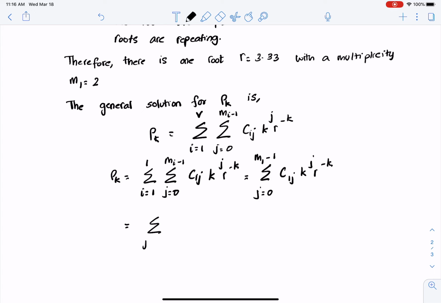So sum j equals 0 to 1, c1j, k raised j, r raised minus k.